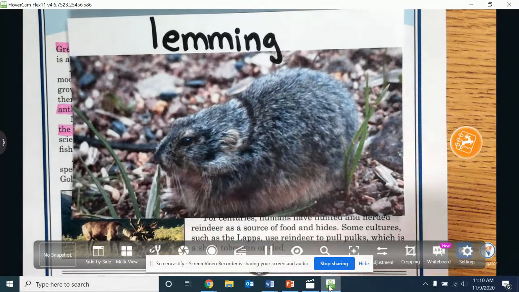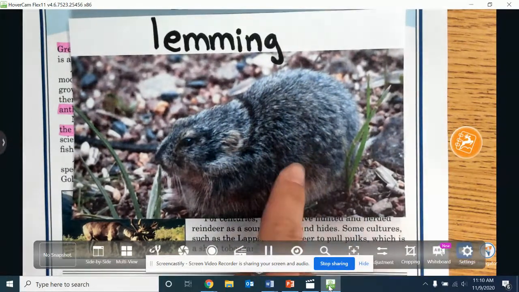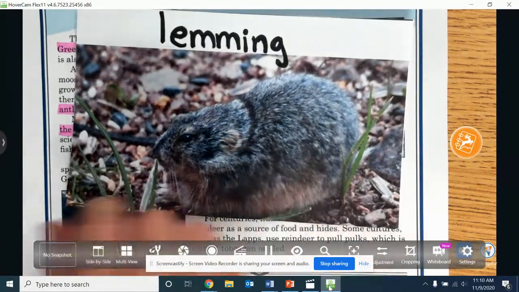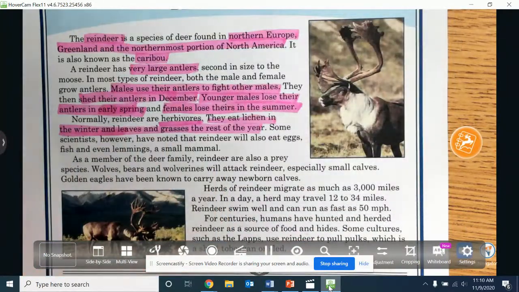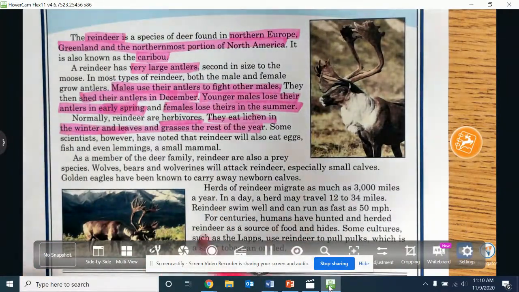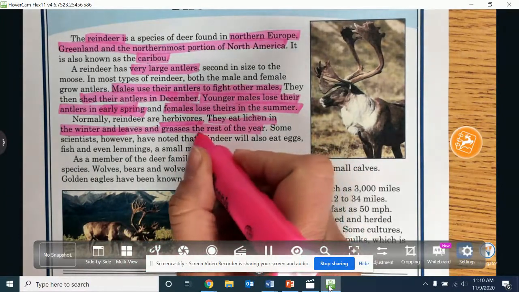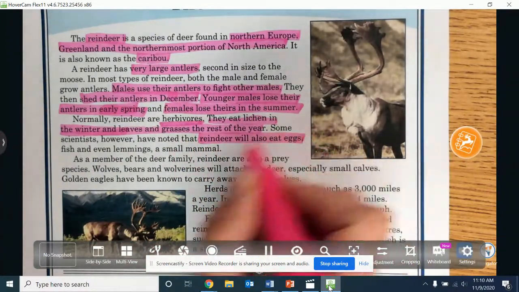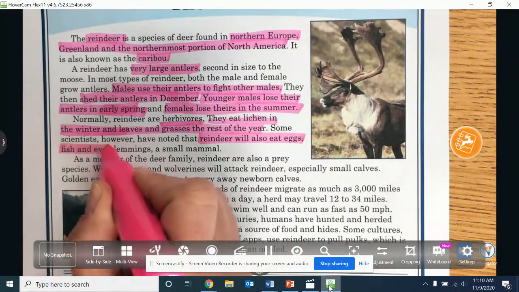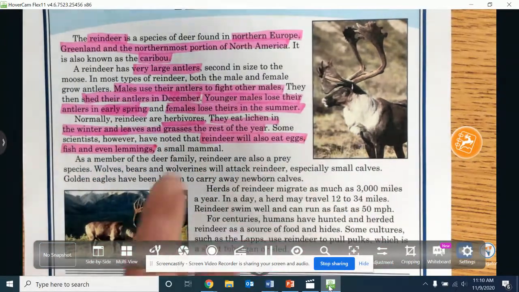So again, some scientists noted that some reindeer do eat lemmings. Okay, so I'm going to highlight that as well.